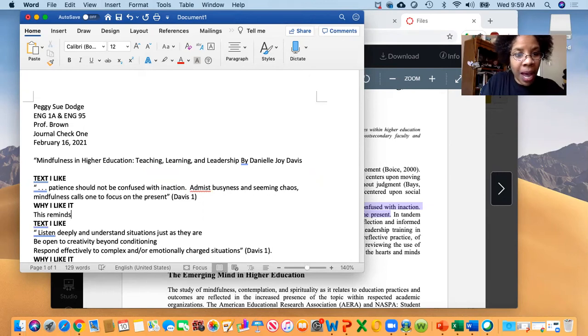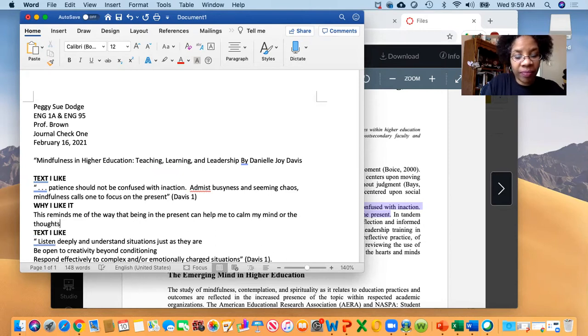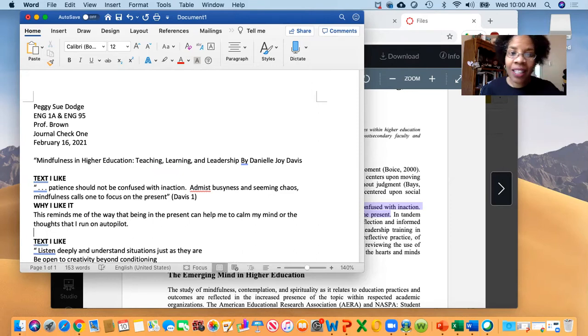This reminds me of the way that being in the present can help me to calm my mind or the thoughts that run on autopilot. Okay, so that's why I like it. Here's the text I like, and here is why I like it.